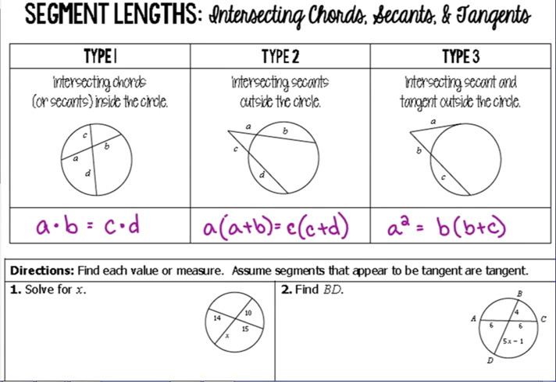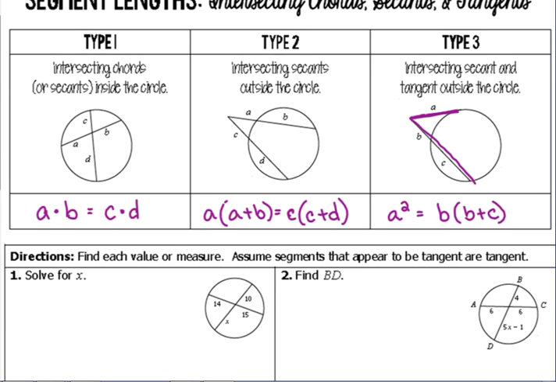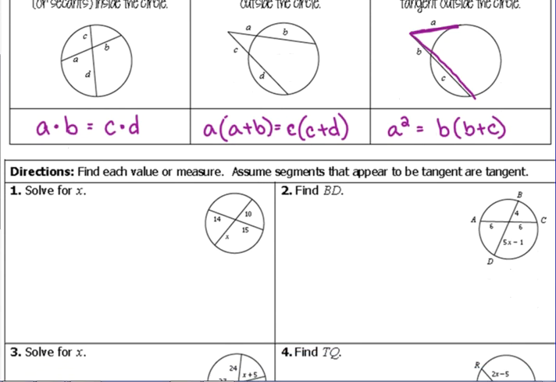To remember this one, it looks like we've almost got a little triangle going on here. So think of it as kind of Pythagorean theorem-ish with the A squared in there, and then the B times B plus C is like type 2. Again, that's the best I can come up with to help you remember. You may just have to memorize it.